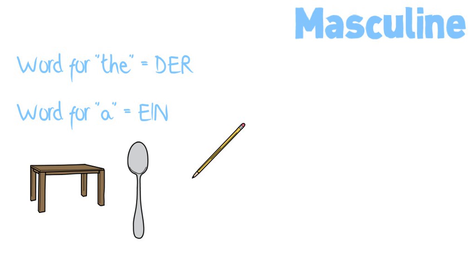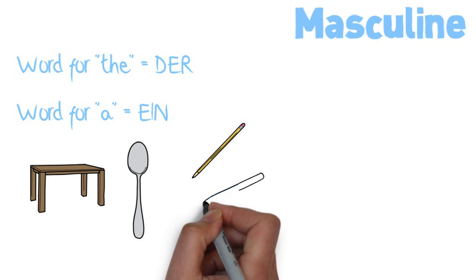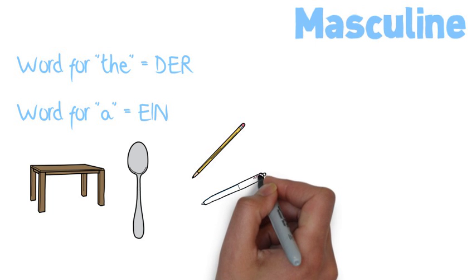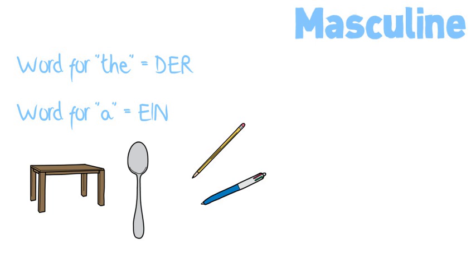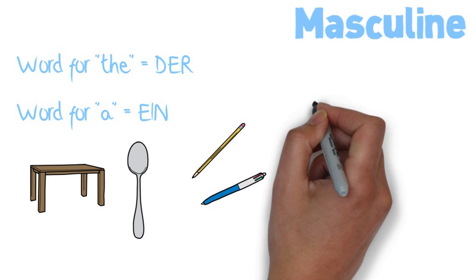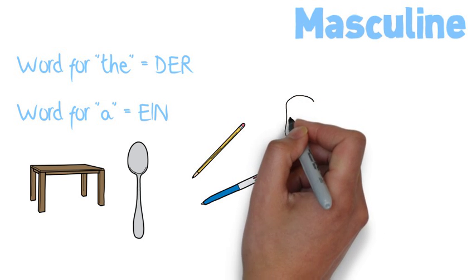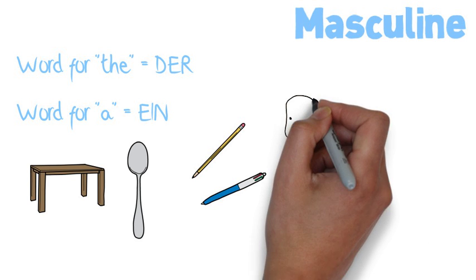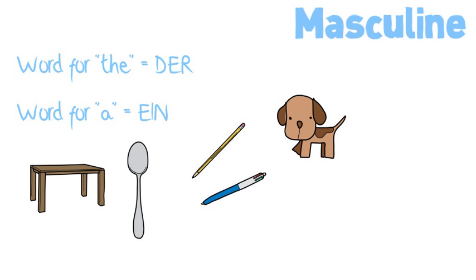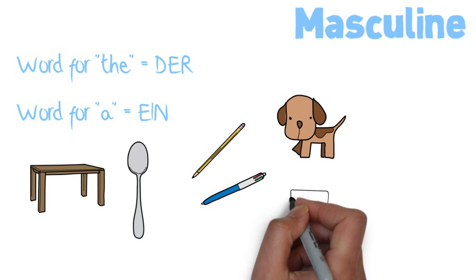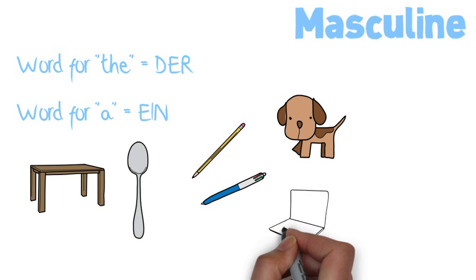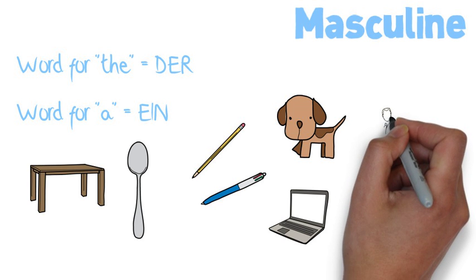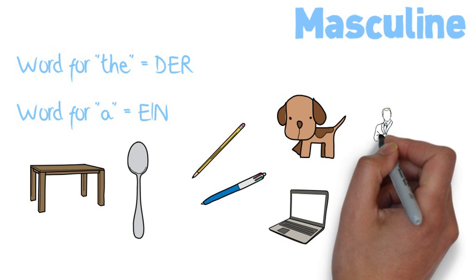to say a table. The same applies to other masculine nouns like spoon, der Löffel or ein Löffel, pencil, der Bleistift or ein Bleistift, pen, der Kuli, ein Kuli, dog, der Hund, ein Hund, computer, der Computer, ein Computer, and man, der Mann, ein Mann.